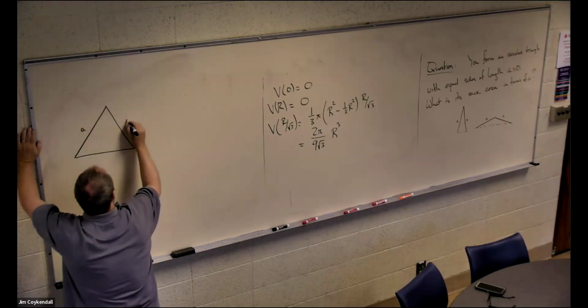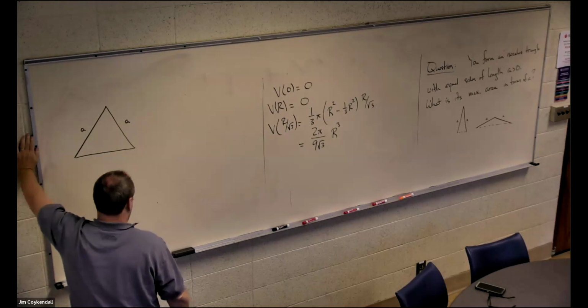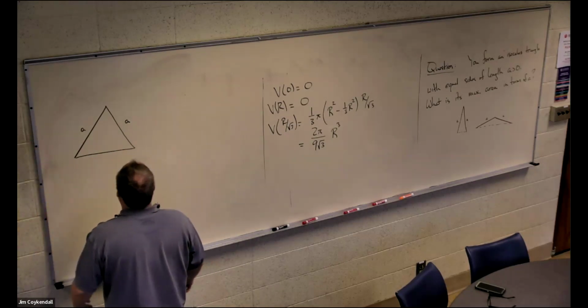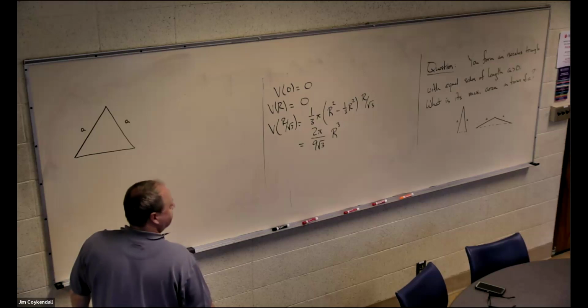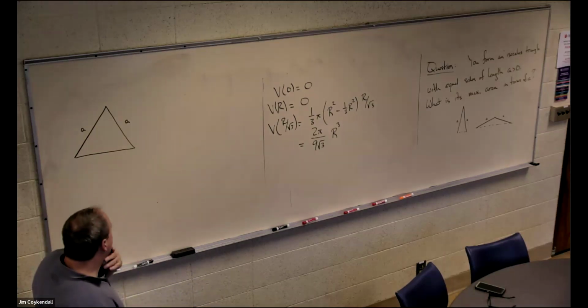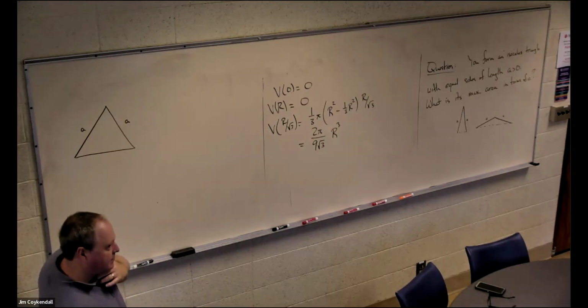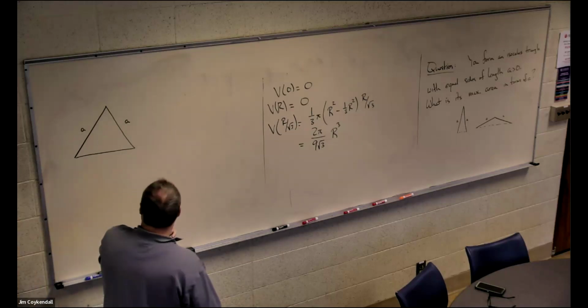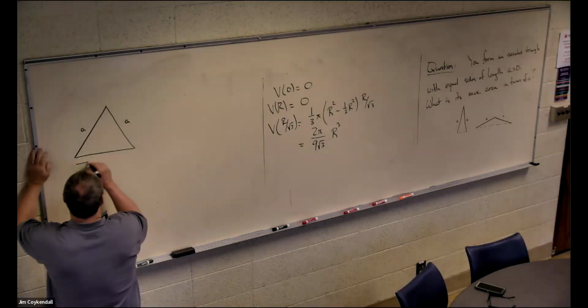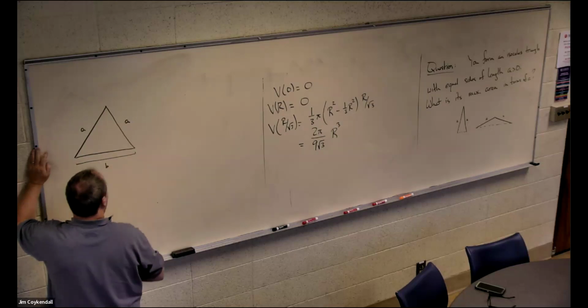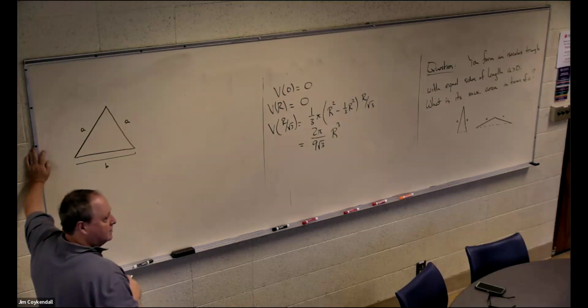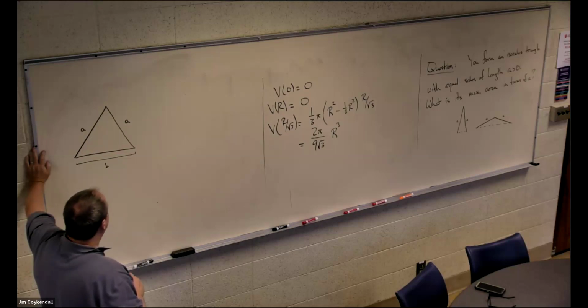Let's label this. This is A. We'll call this bottom B. Well, what do you need to get the area of a triangle?